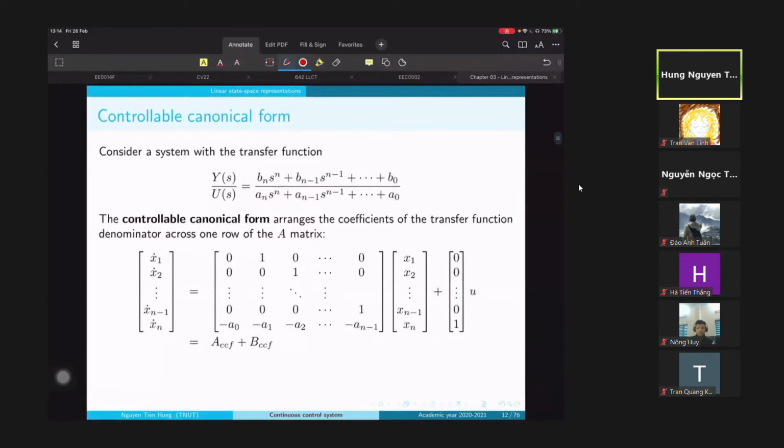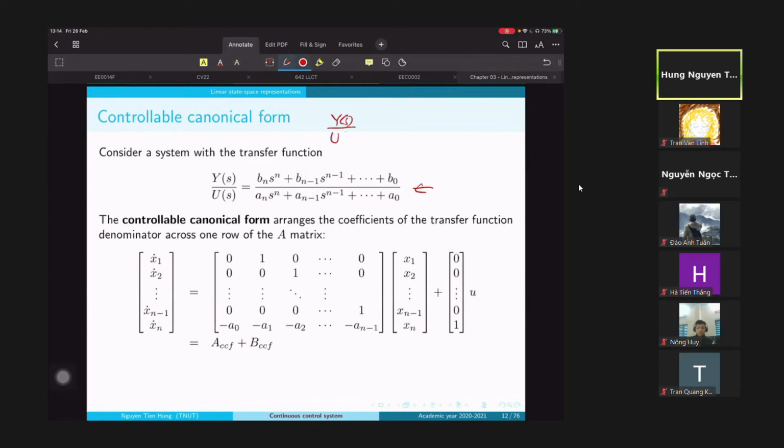Firstly, I would like to tell you that I updated my slides, and in this slide I changed something. In the previous version, or on my website, I put this form: Y(s) divided by U(s), the transfer function, the Laplace transform of the output divided by the Laplace transform of the input.